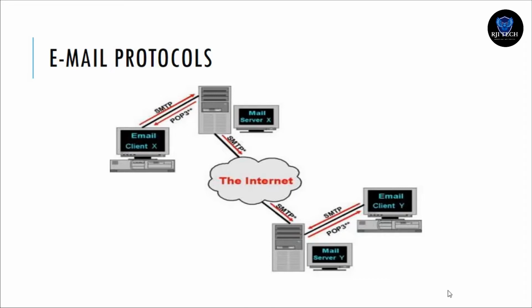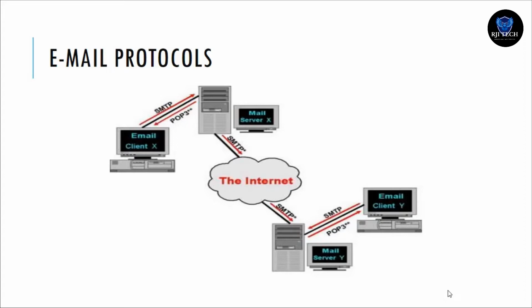The SMTP is the common language between the majority of the mail servers around the internet. Once more, at client Y, the SMTP is used for sending emails from client Y to server Y, and the POP3 is used to download messages of client Y from server Y.